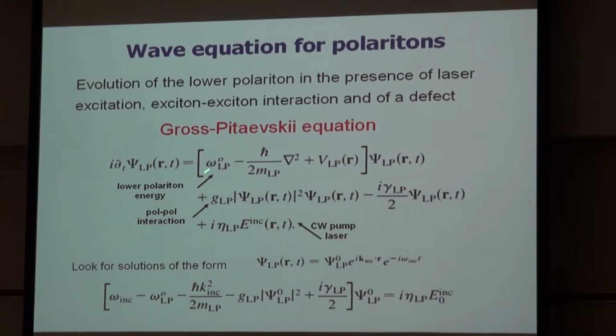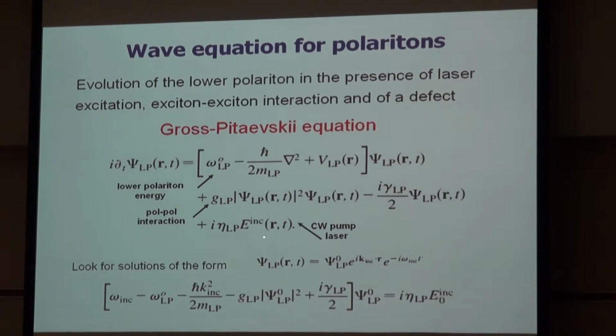It's what in quantum optics you tend to call the nonlinear Schrödinger equation, but solid-state people and also cold atom people call it the Gross-Pitaevskii equation. So it's just the energy, here the motion, here the potential in which they can be, here the nonlinear interaction, here the decay, and here the excitation.